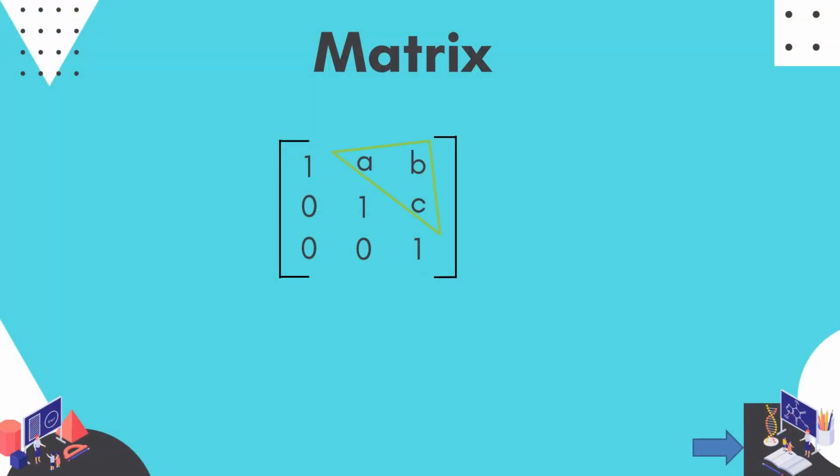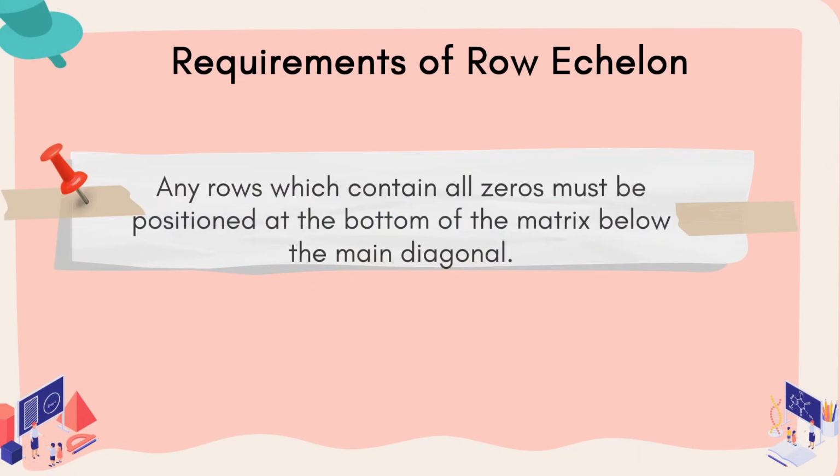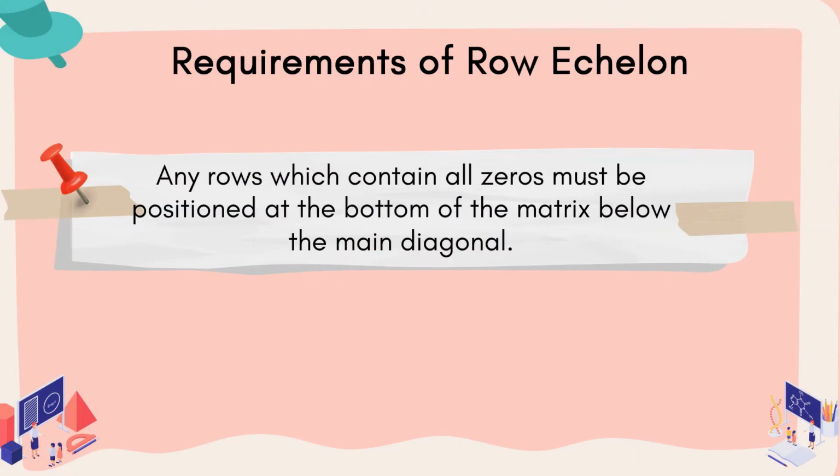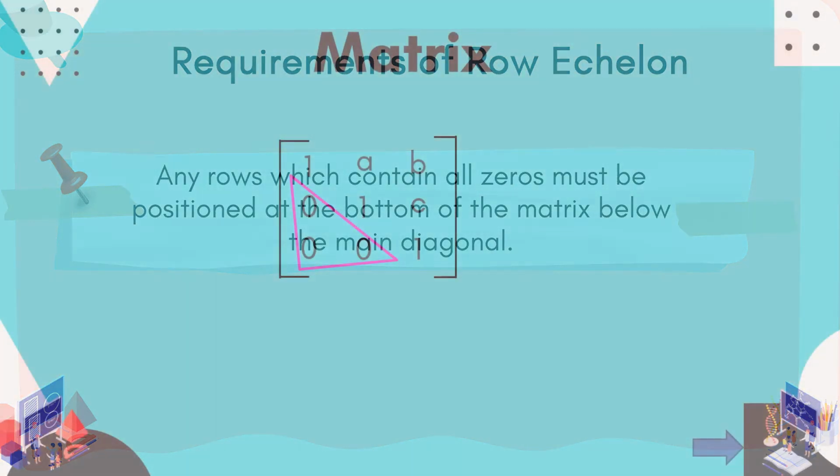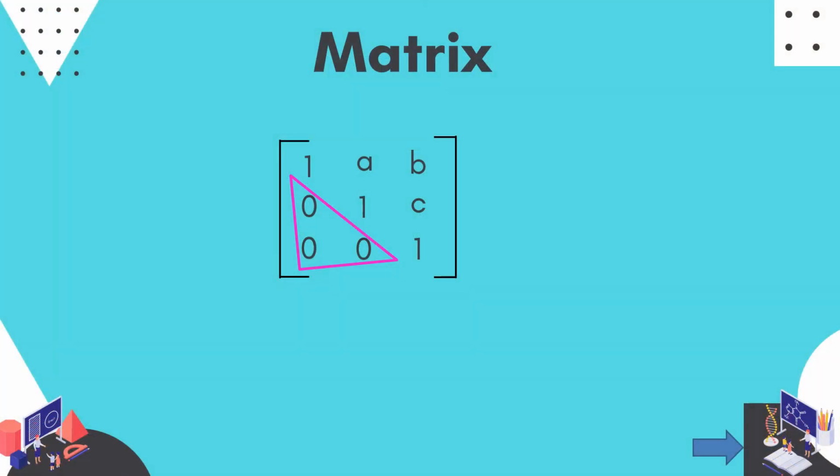Likewise, the entries above the main diagonal can have any value. Lastly, any rows which contain all zeros must be positioned at the bottom of the matrix, below the main diagonal. The entries below the main diagonal are all zeros.